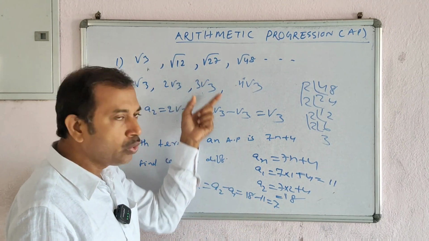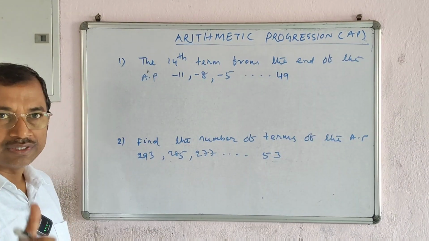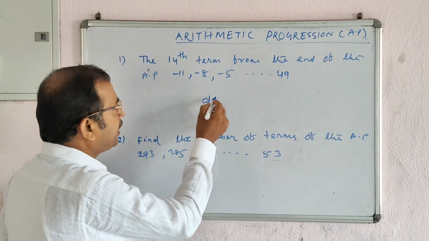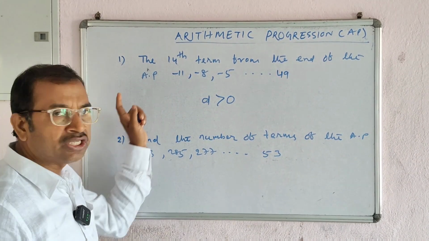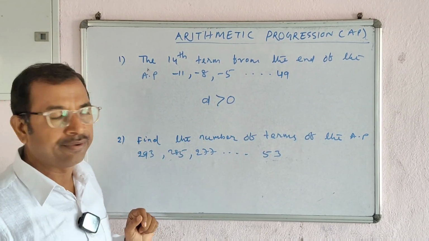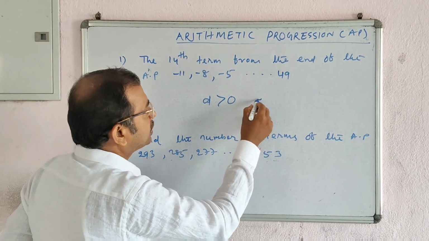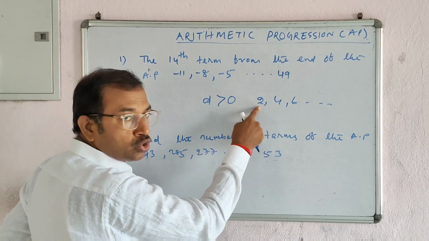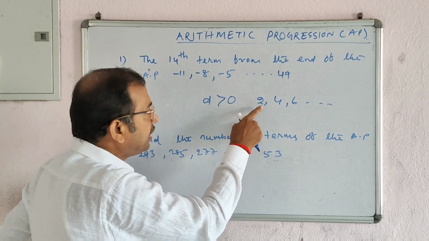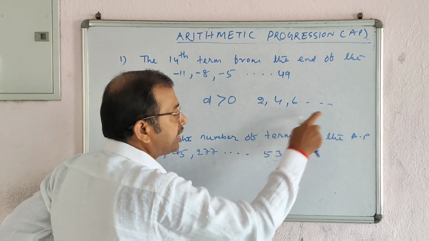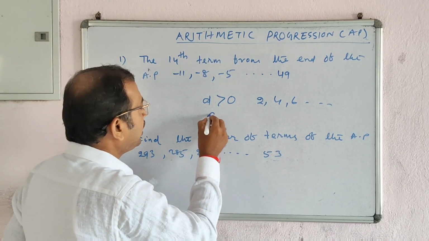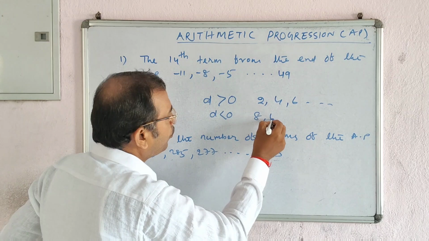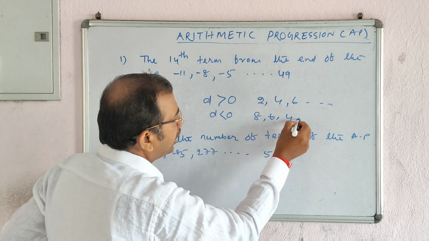So similarly we'll do the next question. See, one concept here: if d is greater than 0, then the series is in increasing order. Suppose they say 2, 4, 6, d is 4 minus 2, 2. Common difference d is more than 0, so it is increasing order. If d is less than 0, suppose 8, 6, 4, like this.